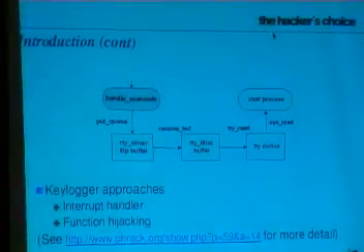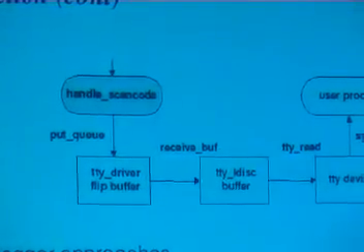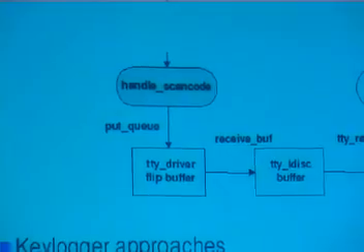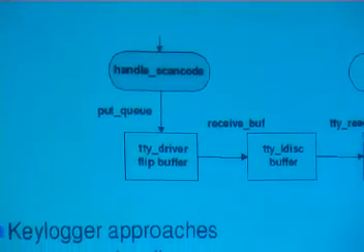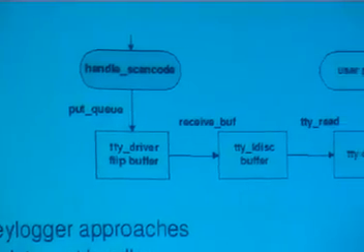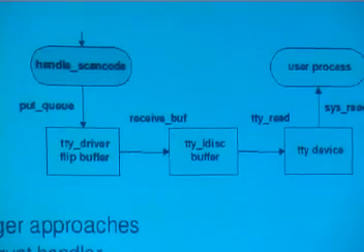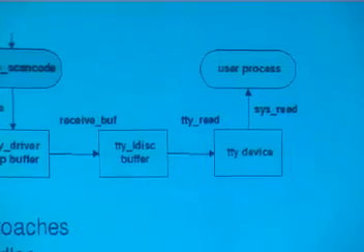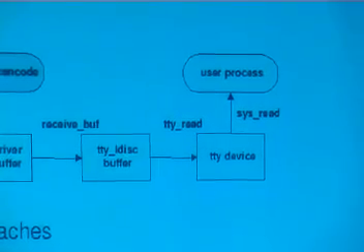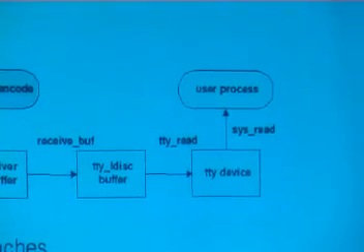You can see that when you press a key on the keyboard, the keyboard sends the corresponding scan code to the kernel drivers, and the handle scan code function in the kernel drivers will process this, convert it to a key code, and convert it to characters, like a key symbol, by looking at the keyboard map.